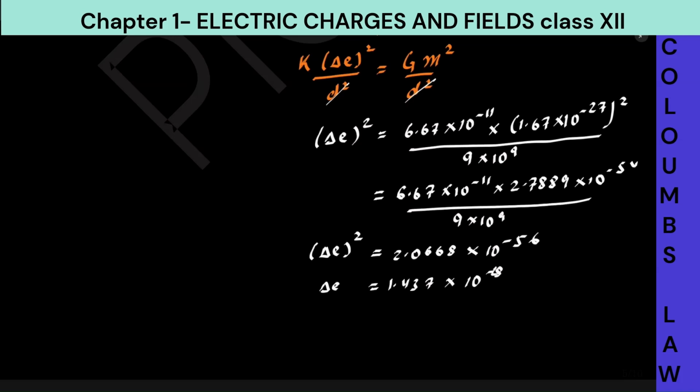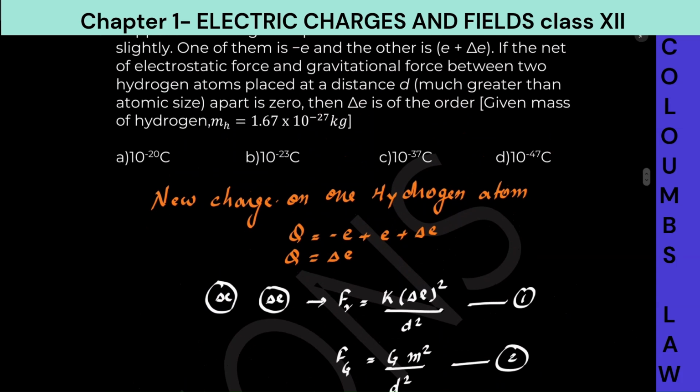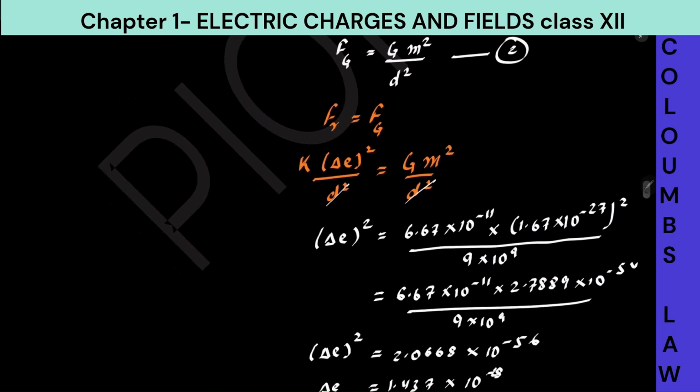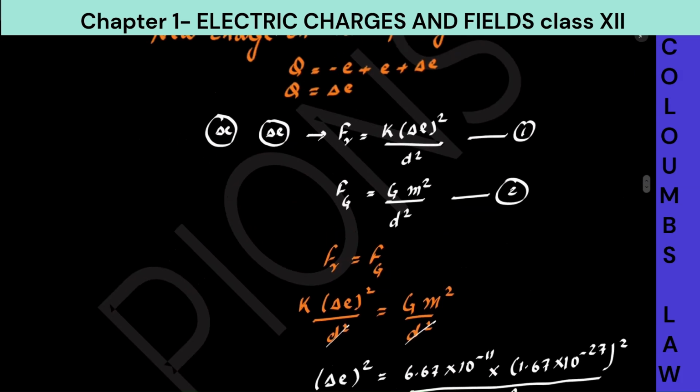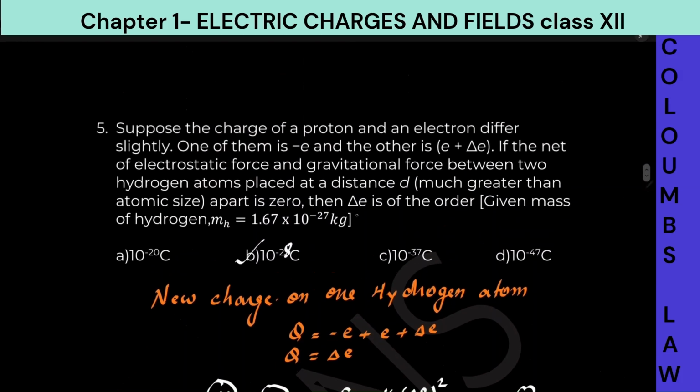That's our correct answer. So the correct option is, let's make it B, 10 to the power minus 28. So this is the power, okay, magnitude wise you can keep it 1.437, but they are asking the order. If you read the question carefully, they are asking what will be the order of this delta E, okay. Delta E is of the order of 10 to the power minus 28.